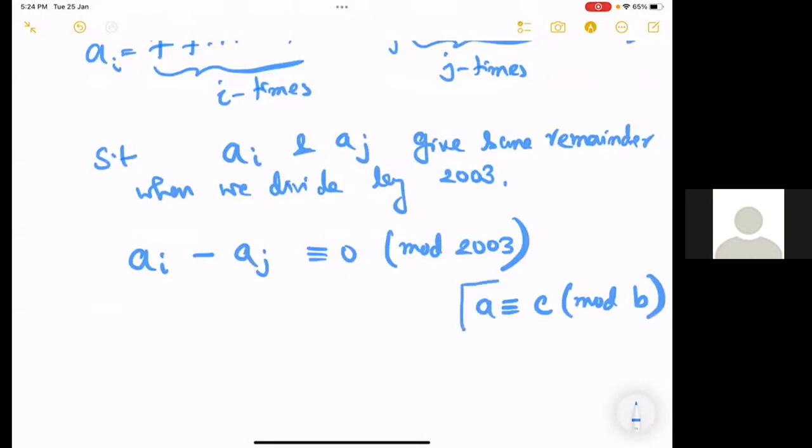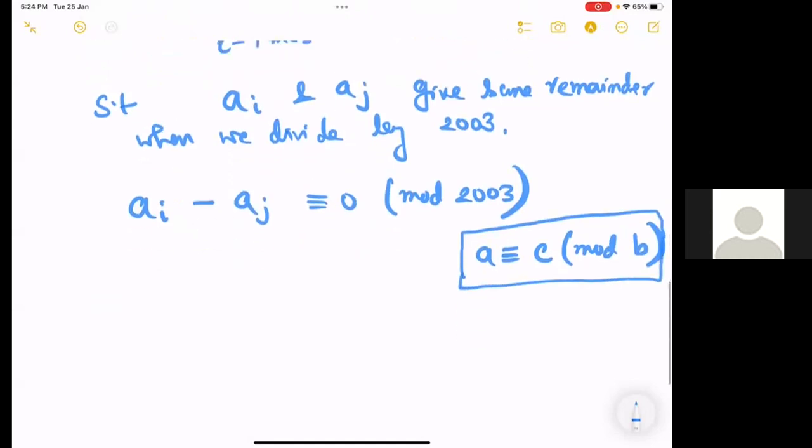I guess you know this notation. If you don't know, just stop me. But what is A_i minus A_j? It is very simple. So this is 777 and the rest are 0. So these are like i minus j sevens followed by j zeros, right?